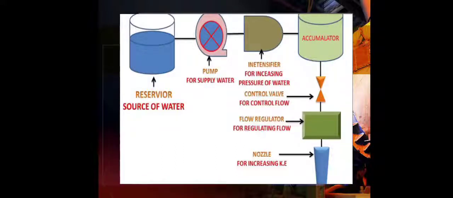The intensifier will increase the pressure of water, and then the water from the accumulator will flow to the control valve, and the control valve will control the flow of water. The water goes down to the flow regulator, which will regulate the flow, and the nozzle will increase the kinetic energy.